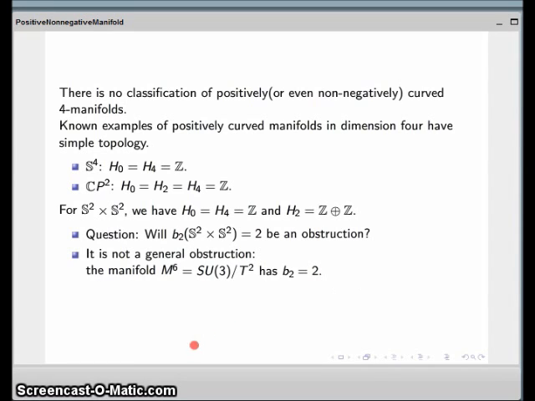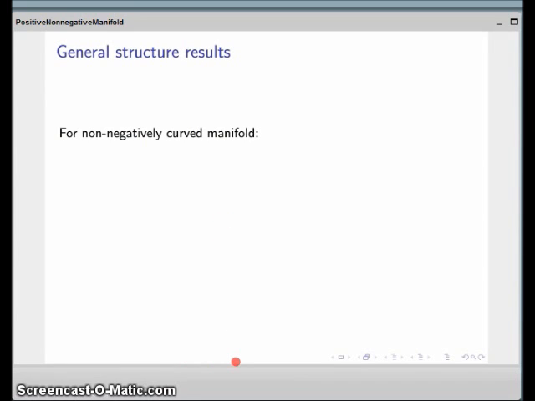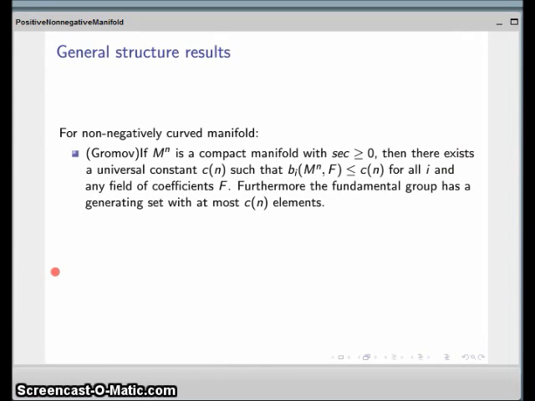Okay, then we can look at some general structure results for non-negatively curved manifolds. The first structure result, by Gromov, says that if M is compact and the sectional curvature is bigger or equal to 0, then the sum of the Betti numbers is at most C(n), a constant that only depends on the dimension.